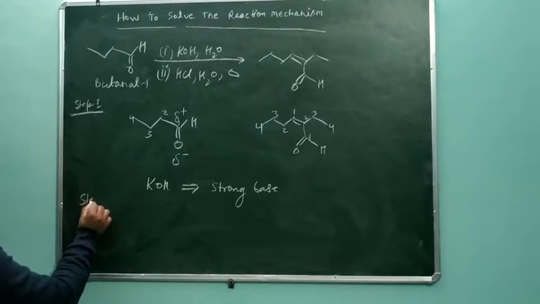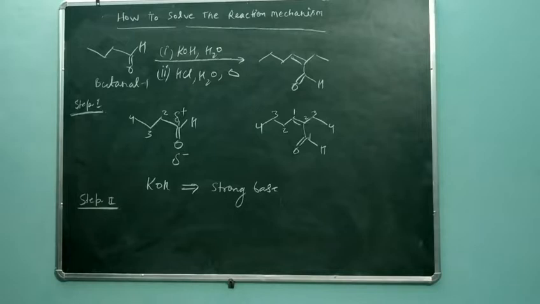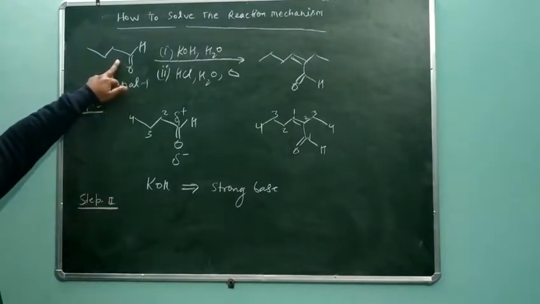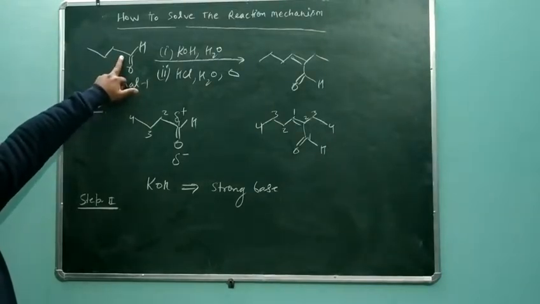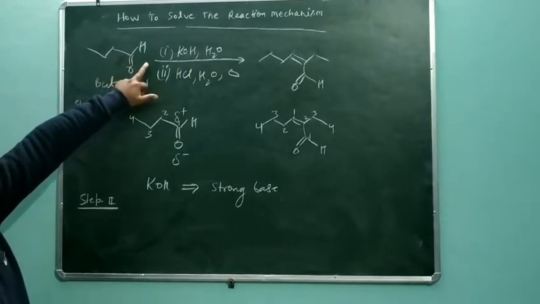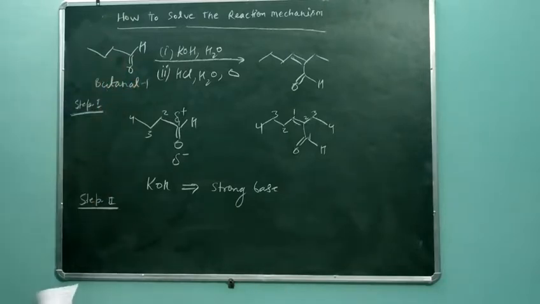Step 2. What does step 2 tell? Step 2 tells identify the most reactive functional group in the reactant. You know that only one functional group is present in this molecule, which is aldehyde. This aldehyde group participates in making of enolate ion under basic condition.